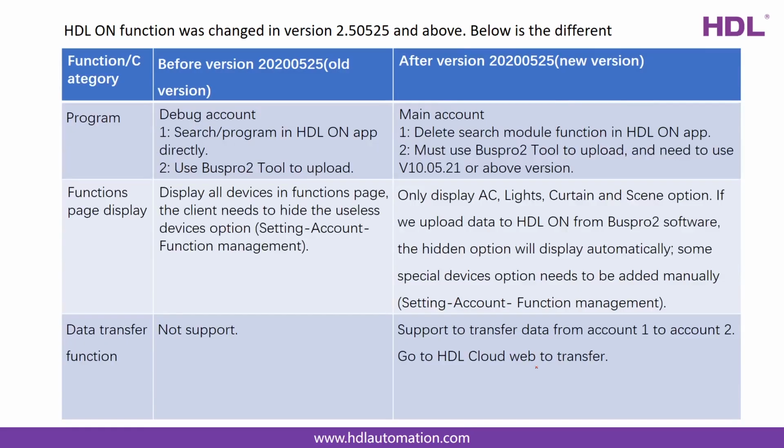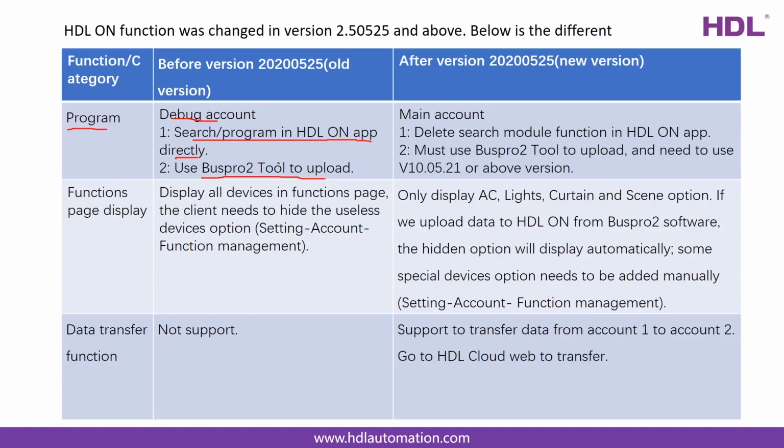And for other things about programming. Before, we needed to use the sub account to program. Use the sub account to search and program in the HDL app directly, and use the buffer to upload.